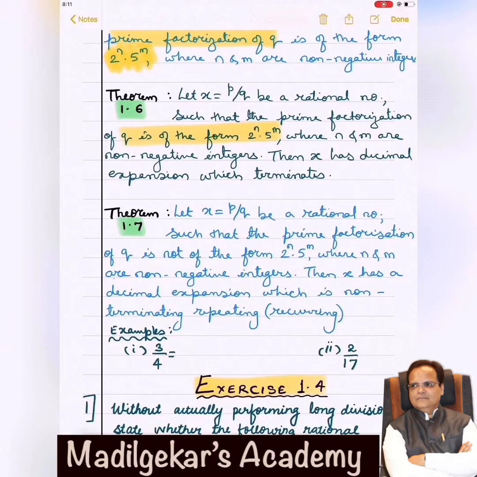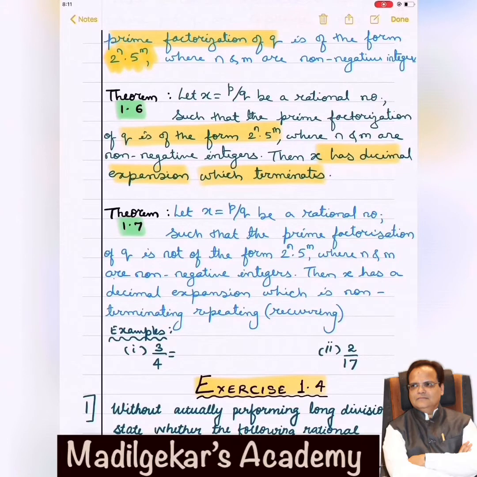Then we conclude that the given rational number x has a decimal expansion which terminates. So if the denominator can be expressed in the form of 2 raised to n into 5 raised to m, then the given rational number must have a terminating decimal expansion.